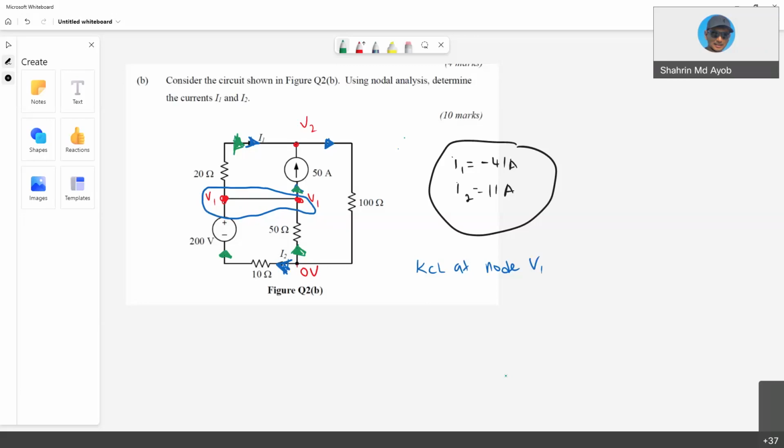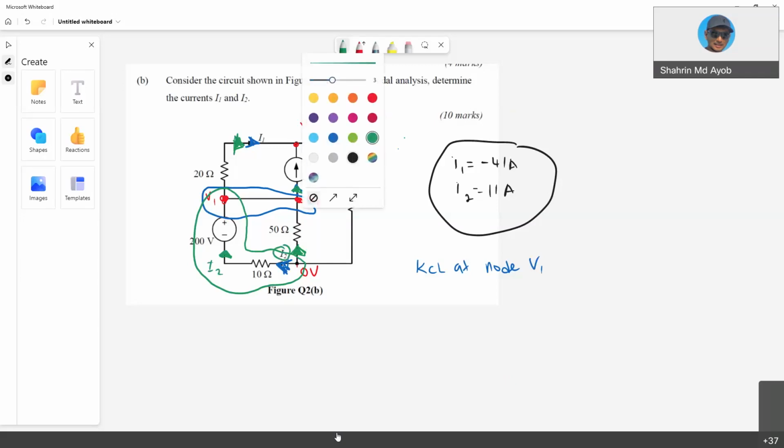Okay, so we go for the first branch current here. As you can see, we have a voltage source in between. So I name this one as I2. The current is flowing from node 0 to V1.